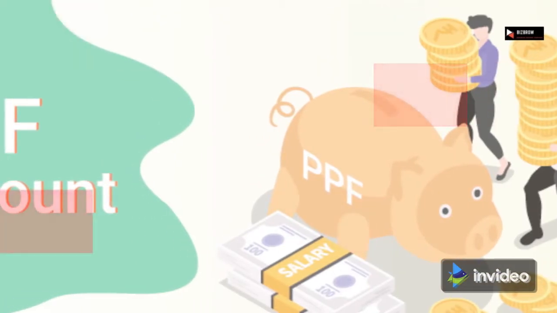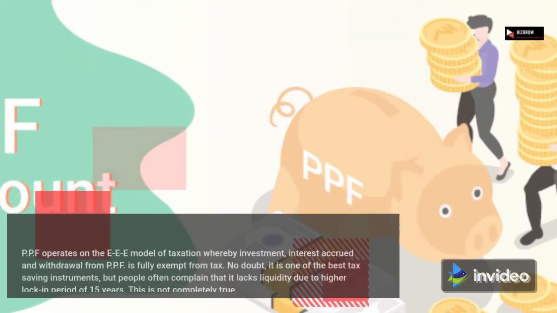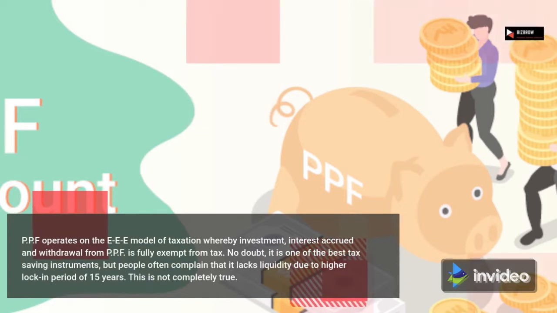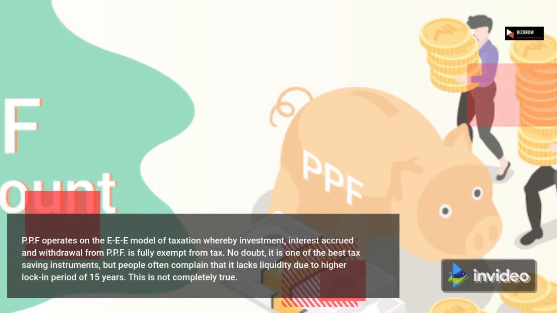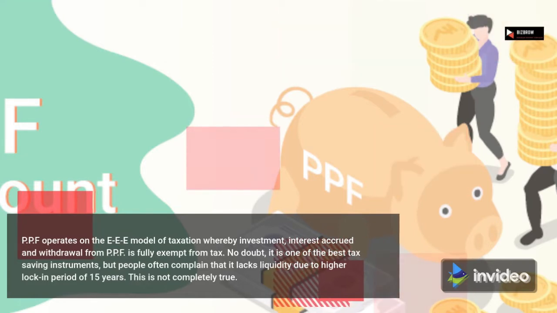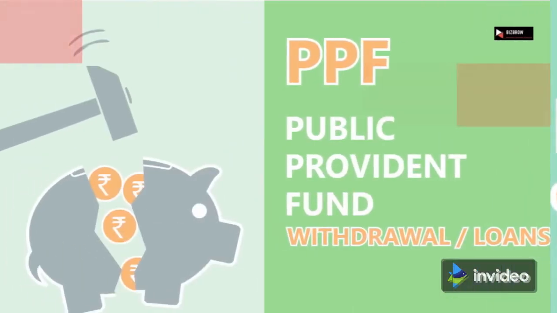PPF operates on the EEE model of taxation whereby investment, interest accrued and withdrawal from PPF is fully exempt from tax. No doubt, it is one of the best tax-saving instruments, but people often complain that it lacks liquidity due to the higher lock-in period of 15 years. This is not completely true.